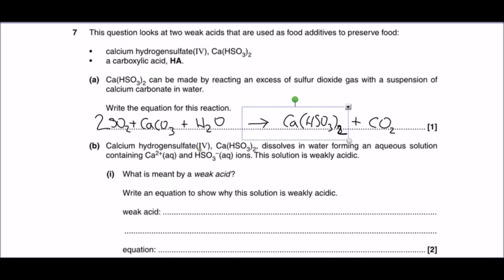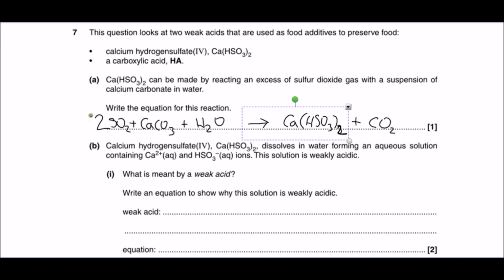Okay, so this equation, quite a lot of it is educated guesswork. And again, I've spoken to you a few times about this, that you might get these equations and they're really kind of there to slow you down, to stretch the people who are going to have a go at it. But really what you've got to be thinking about is timing, because following this question you've got some nice easier acid stuff to do, and then you've got a big transition metal question at the back of this paper, and if you spend 10 minutes working out this equation for 1 mark, you are going to seriously run short on time.